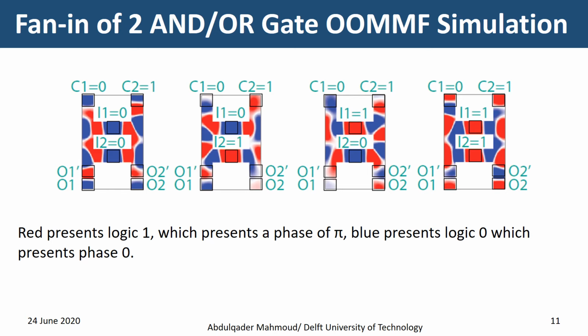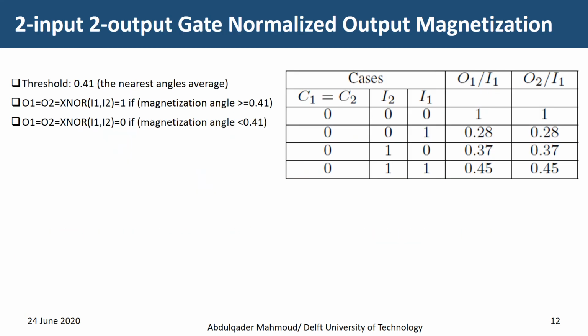Moving to the second case, 0 and 1 will be 0, 0 or 1 will be 1, 1 and 0 will be 0, 1 or 0 will be 1, 1 and 1 will be 1, 1 or 1 will be 1, which proves the correct functionality of the proposed AND OR gate.